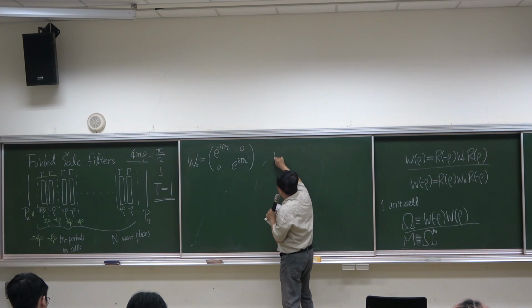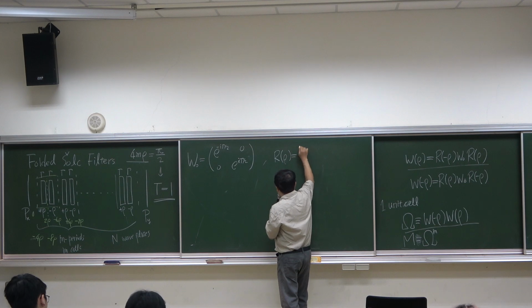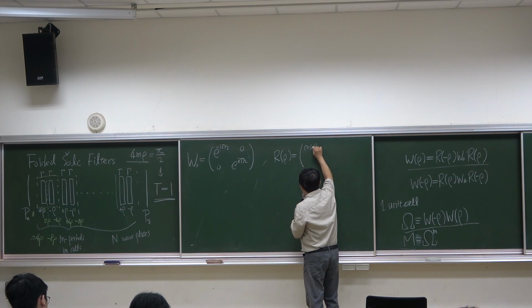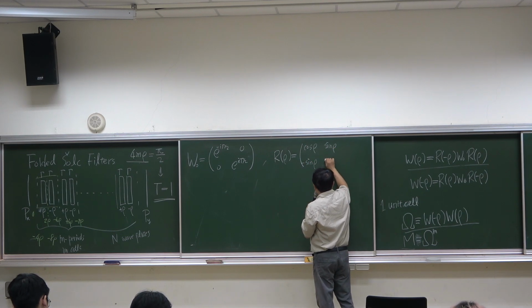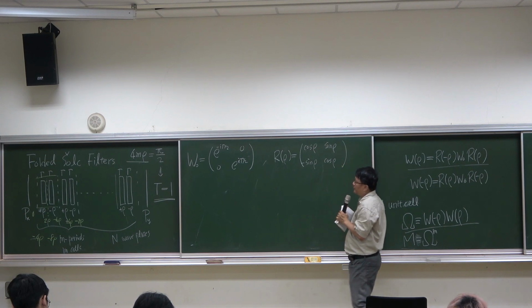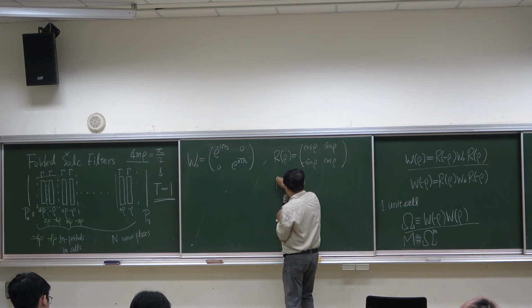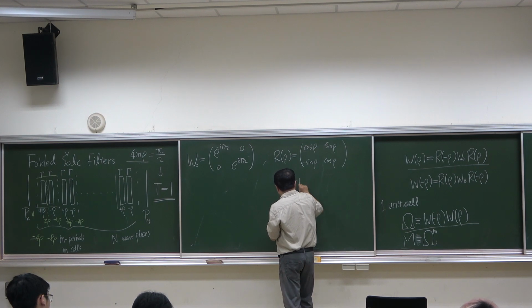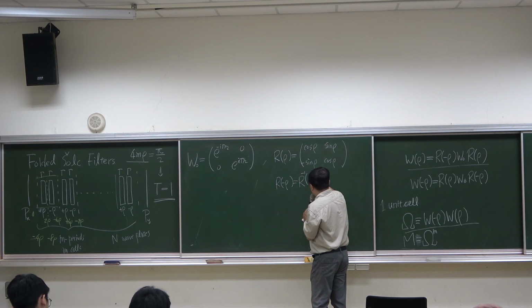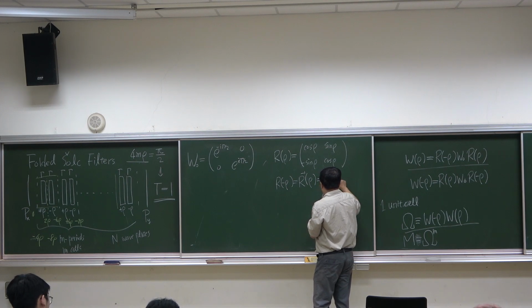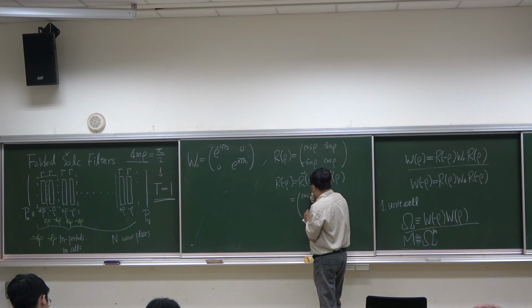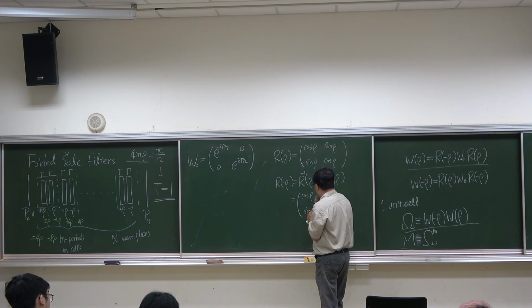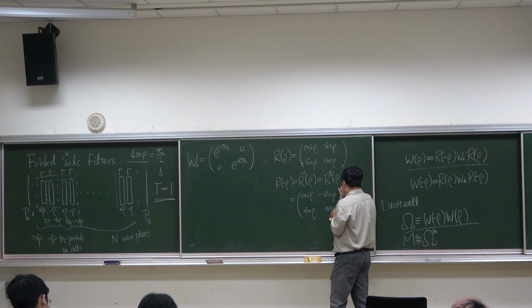And R rho is the rotation matrix: cosine rho, sine rho, minus sine rho, cosine rho. And R minus rho is the inverse of R rho, or transpose of R rho, which is equal to cosine rho, minus sine rho, sine rho, cosine rho.